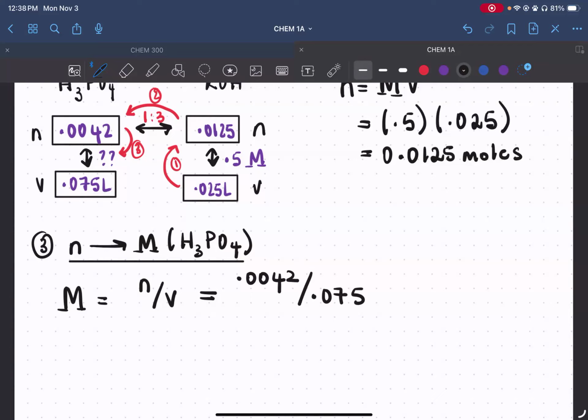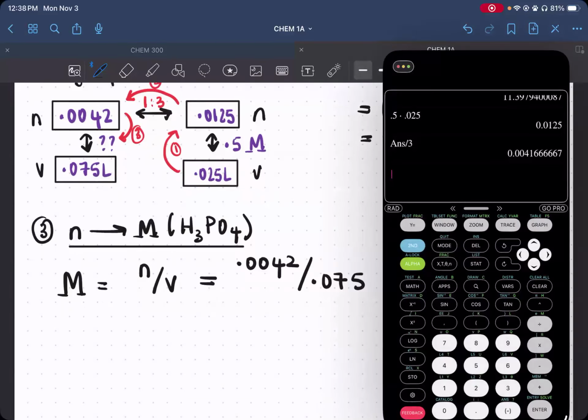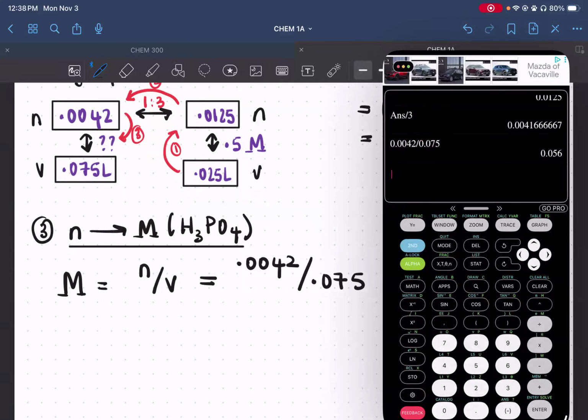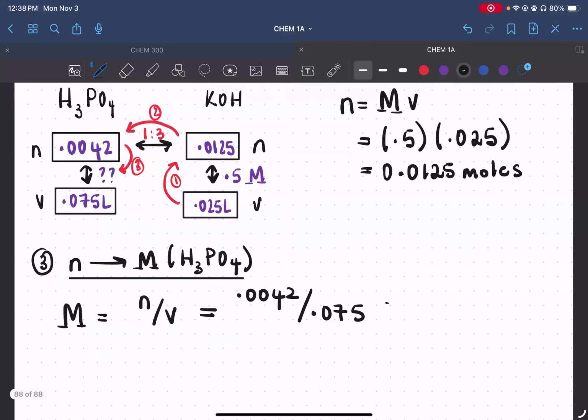It's already in liters, so no conversion needed. Putting this into our calculator, 0.0042 divided by 0.075 gives us an almost exact number of 0.056. 0.056 molar.